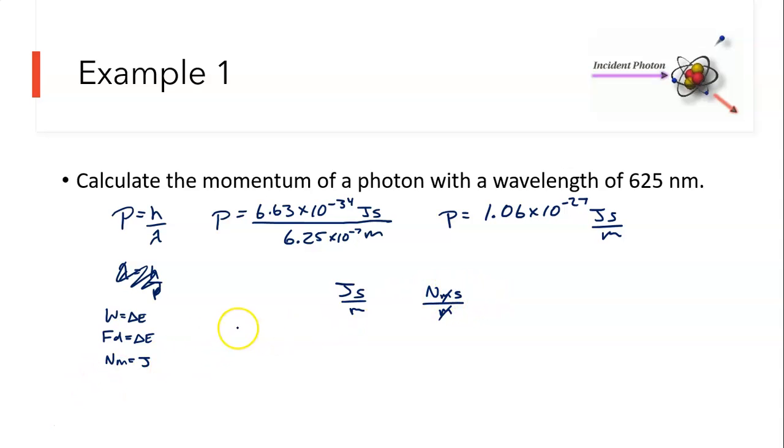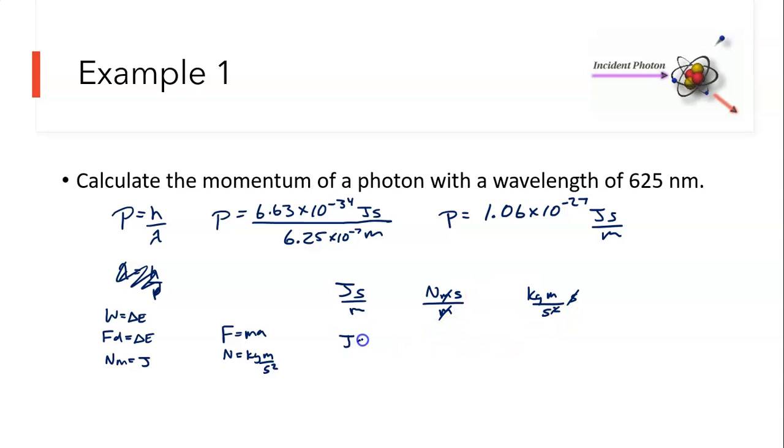A newton, if we remember correctly, that idea of force, because F is equal to ma, a newton is equal to a kilogram meter per second squared. So if we replace the newton with a kilogram meter per second squared multiplied by seconds, those cancel out, and you're left with kilogram meters per second.